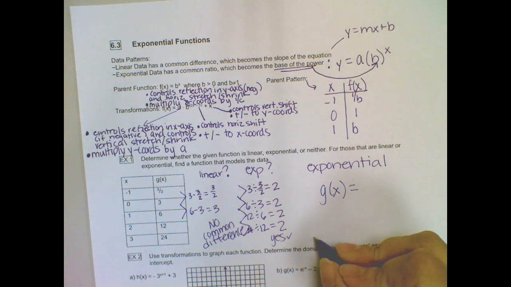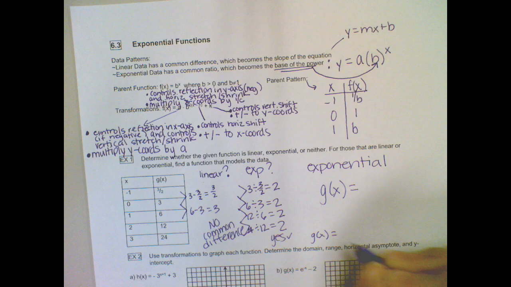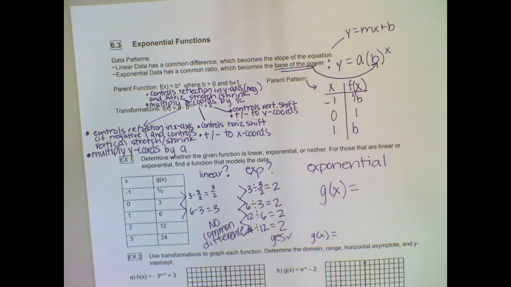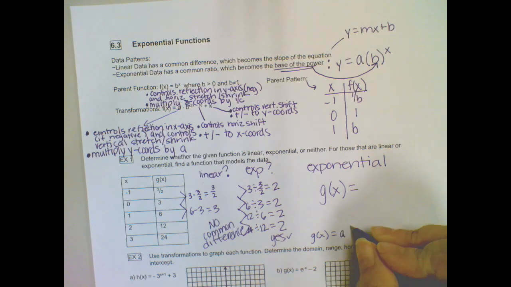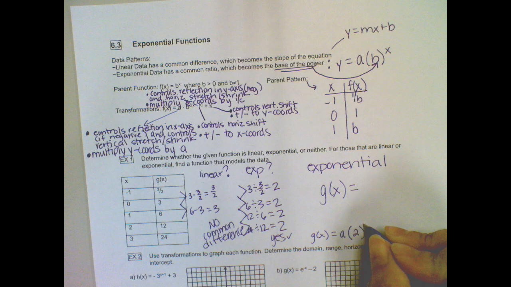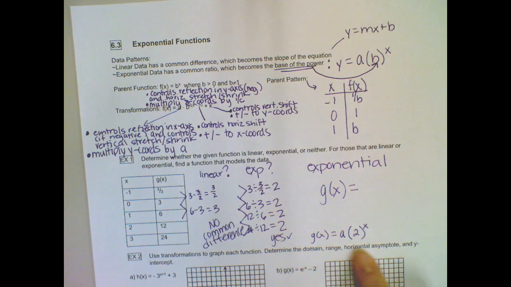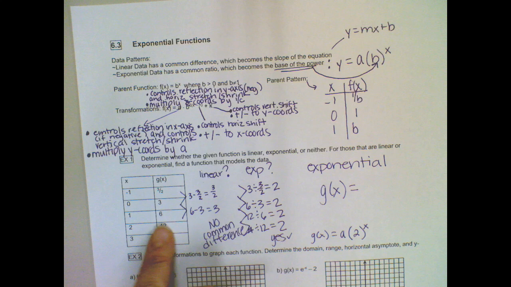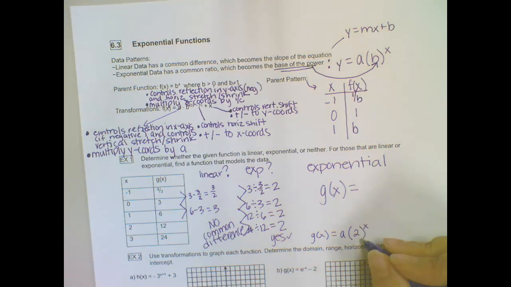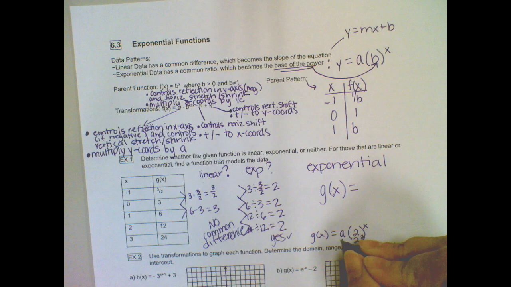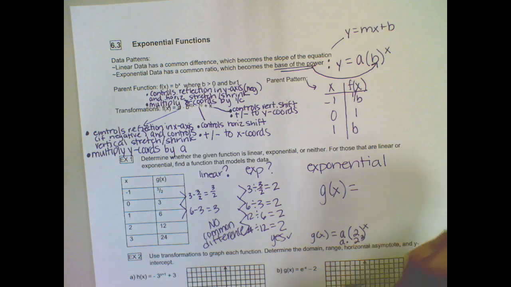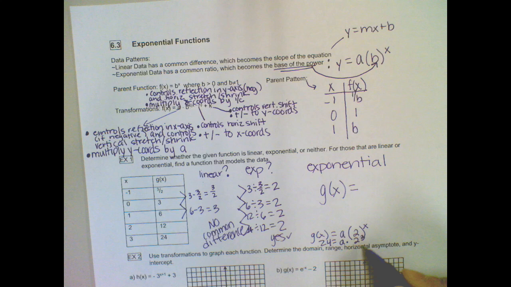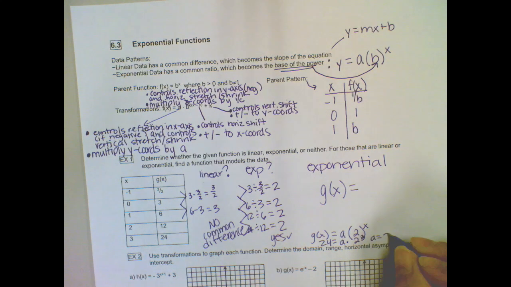So basically, anytime you were doing this, if you're trying to find the value, it's a times 2 to the x. And if you're unsure as to what a is, you can always pick any of the points. So, if I wanted to pick 3, 24, 2 to the third times a equals 24, right? So 2 to the third is 8. When I divide both sides by 8, I get a equals 3.